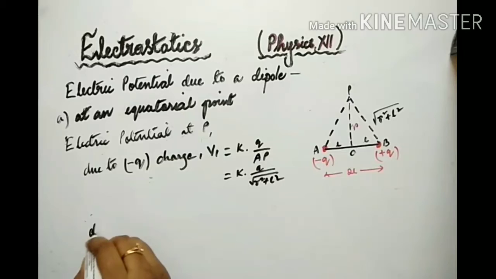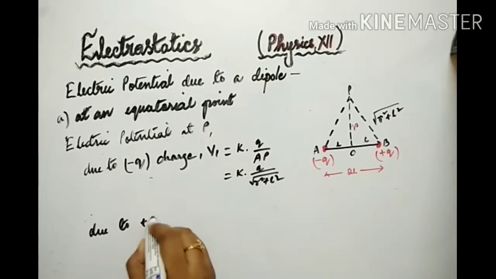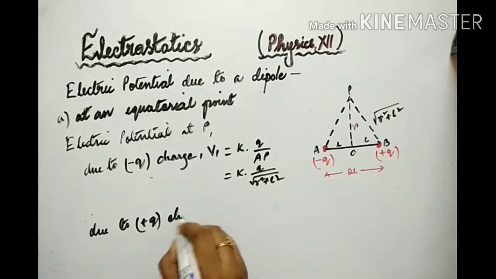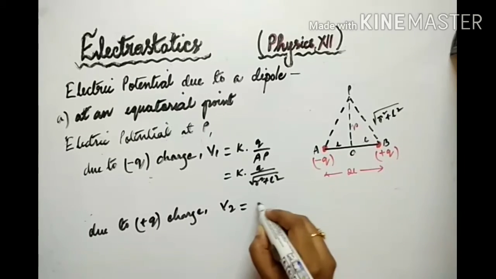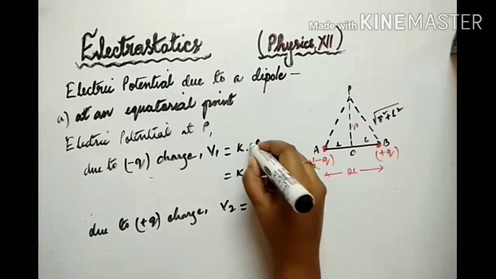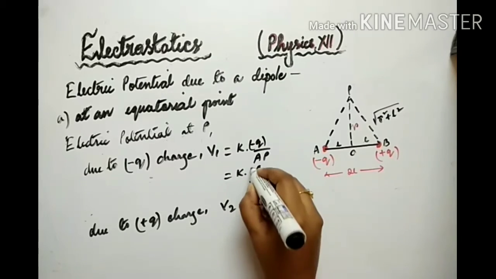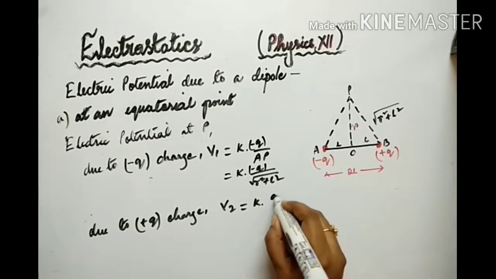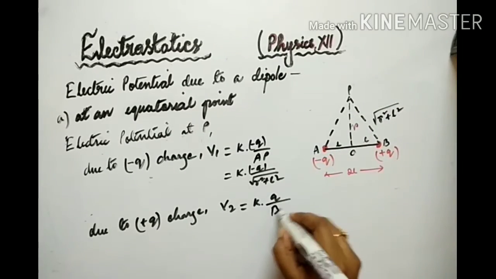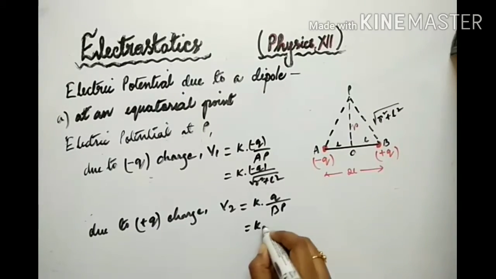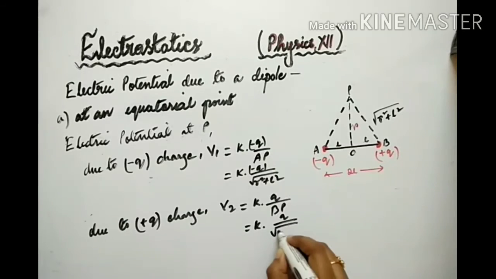Now due to plus Q charge, what can you write? K into Q, and here there will be a minus sign for the other charge. This distance is BP, which is also root over R square plus L square.